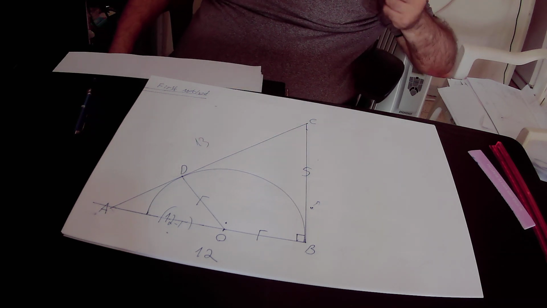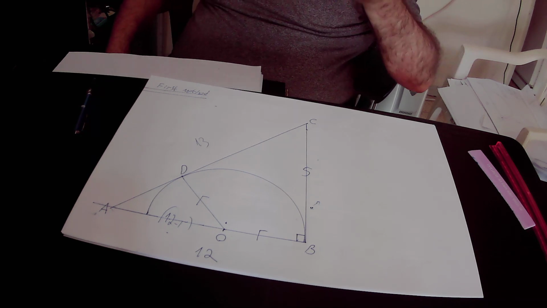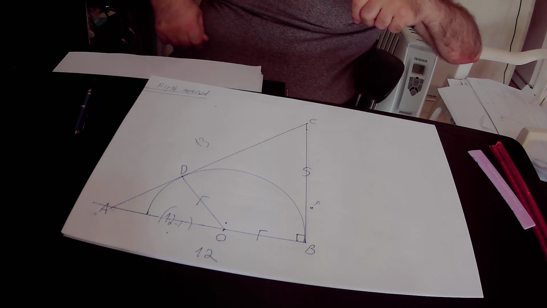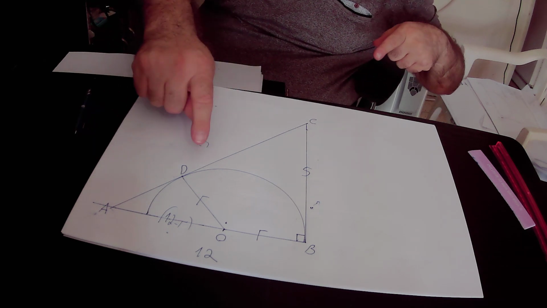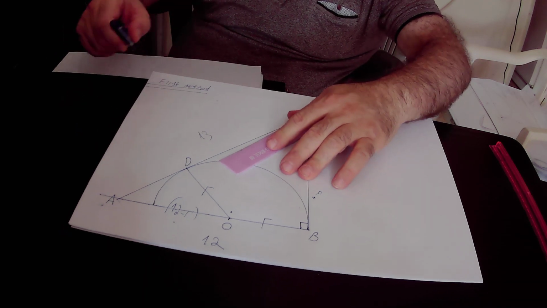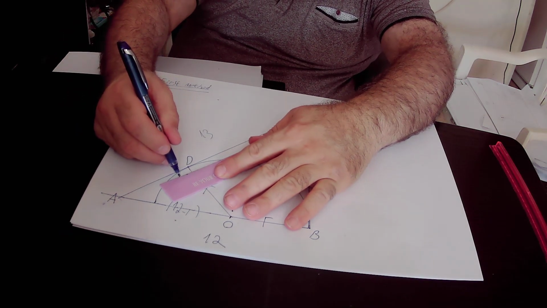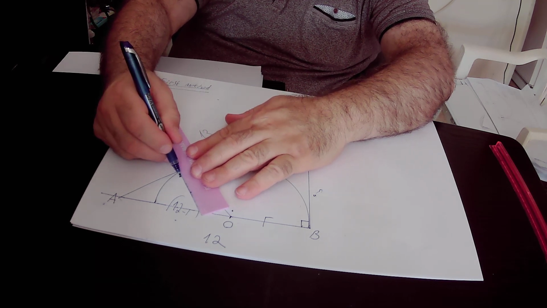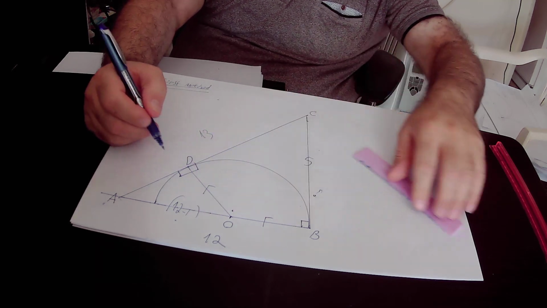Therefore, according to rule number 1, whenever you have a radius that is drawn to the point of tangency, then the tangent will be perpendicular to this radius. So the tangent CA will be perpendicular to this radius. That is to say this angle will be equal to 90 degrees and this angle will also be equal to 90 degrees.